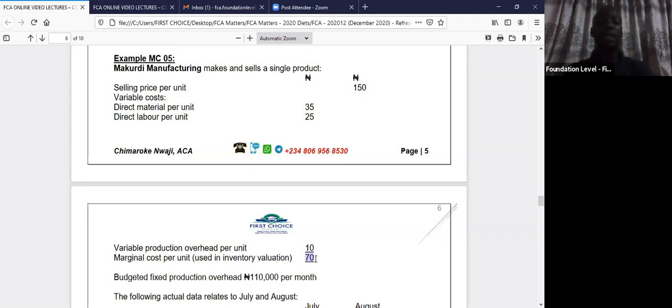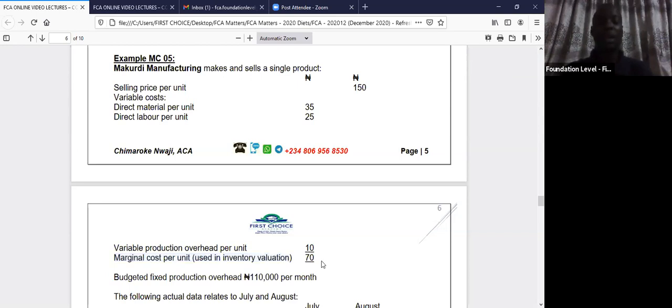Now look at what it says here. Marginal cost per unit, which is used in your inventory valuation. What it means is that you are going to use 70 naira as your marginal cost per unit, which we use in valuing your closing stock or your opening stock.